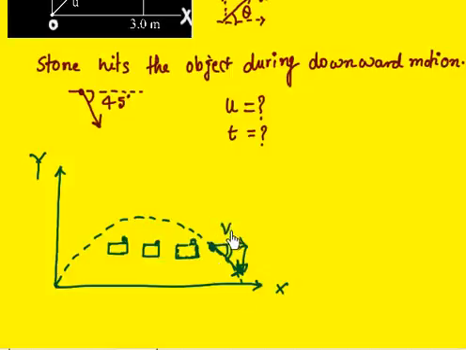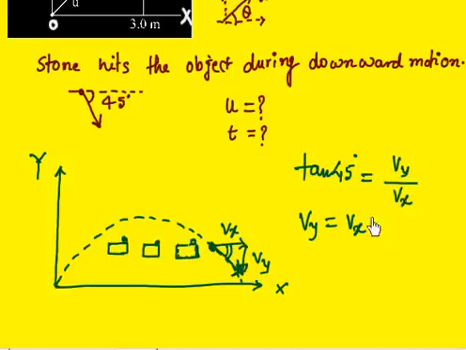So this is Vx and this is Vy. If this angle is 45 degrees, I can say Vy equals Vx, because tan 45 is simply 1. So tan 45 is Vy divided by Vx, and this means Vy equals Vx.